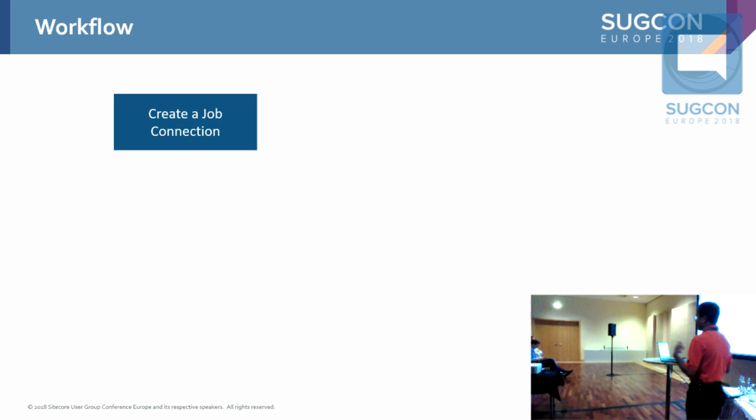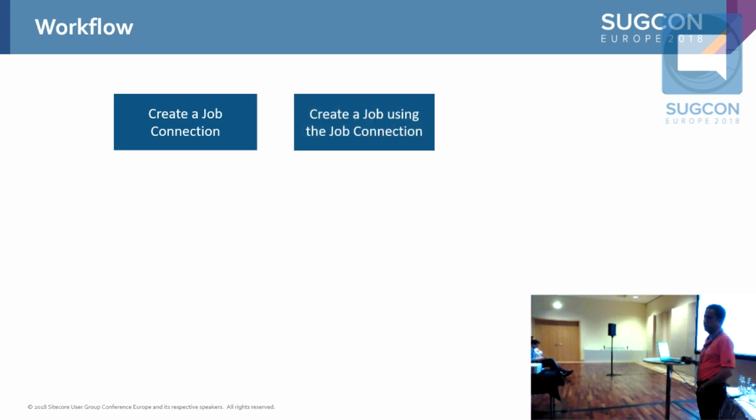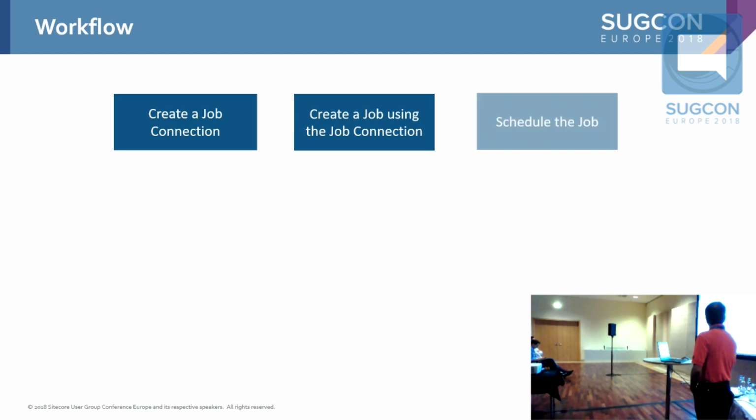Probably a developer will create the job connection in the business tool. Next, he or she will create a job using that job connection. So the job is created. Now you can schedule the job either using recurrence or on demand.